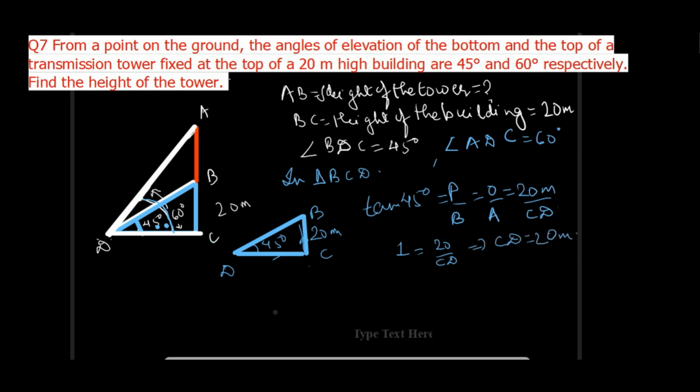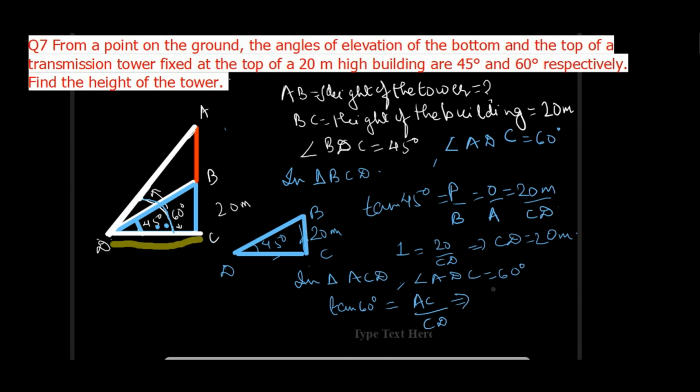Okay, now consider in triangle ACD. In triangle ACD again the angle theta, angle ADC is equal to 60 degree. Okay, so tan of 60 degree will be equal to perpendicular, that means this AC, and base is CD. Now tan 60 degree is how much?